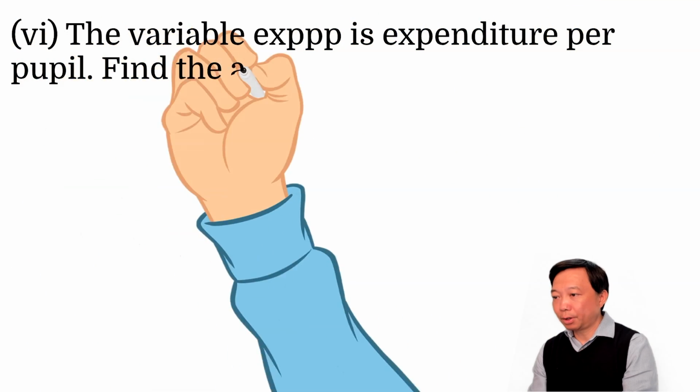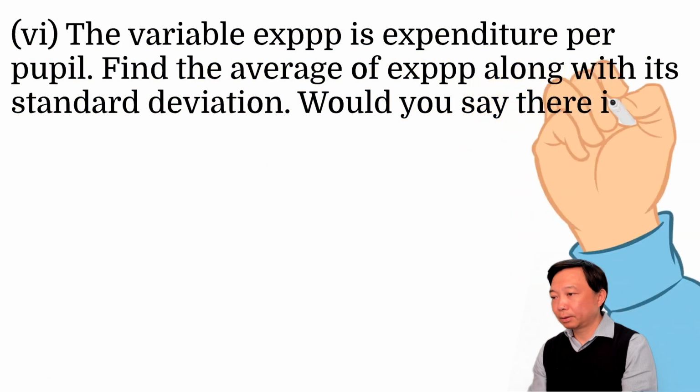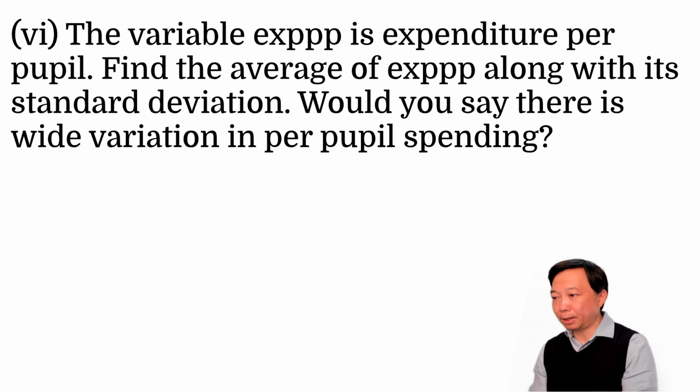Part 6. The variable EXPPP is expenditure per pupil. Find the average of it along with its standard deviation. Would you say there is wide variation in per pupil spending?